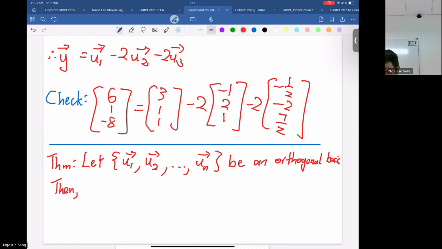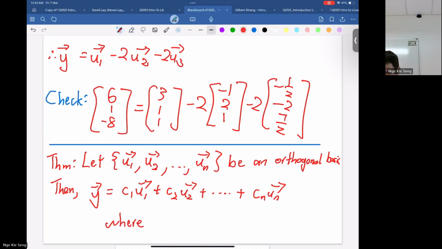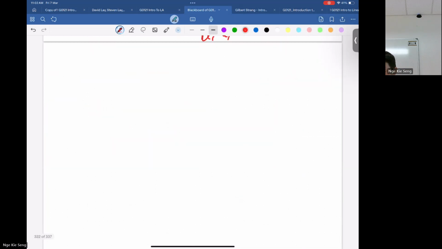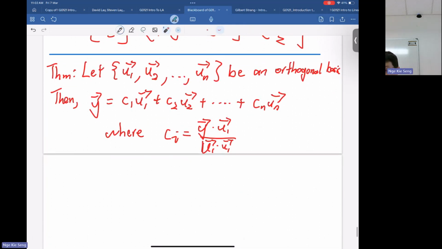Then y is c1 u1 plus c2 u2 plus dot dot dot plus cn un. Right? ci is equal to y dot ui over ui dot ui. Actually, this formula here suggests what you should do. It starts with y dot with a u. Okay, so u here is ui, not u1.